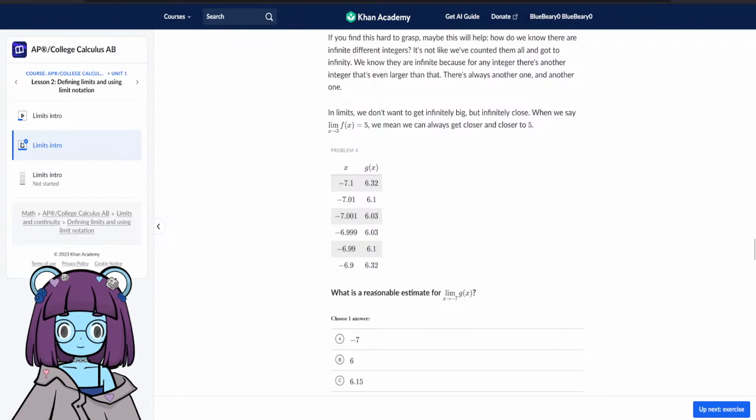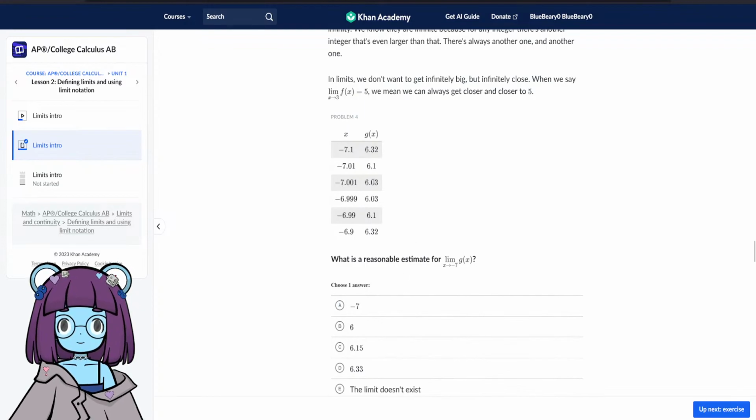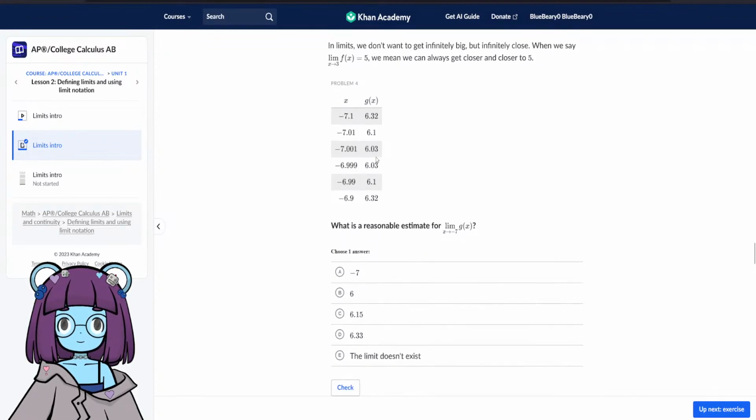Alright, what is a reasonable estimate for the limit of g of x as x approaches -7? We can say it approaches... so -7 should be here in the middle. So I'm assuming this is a natural curve.